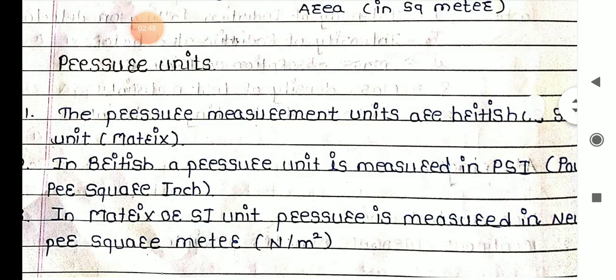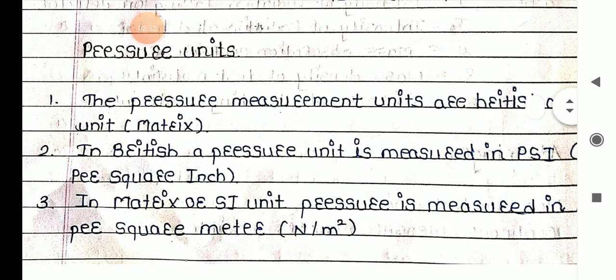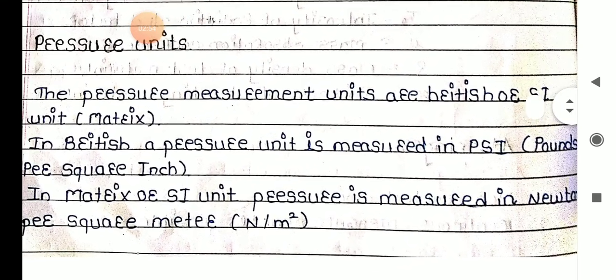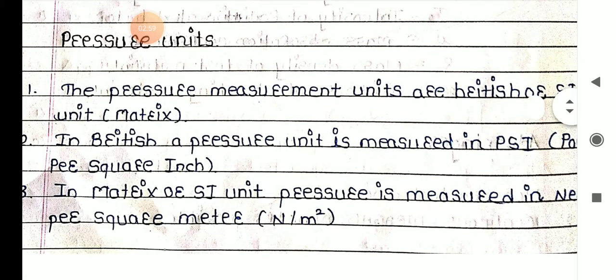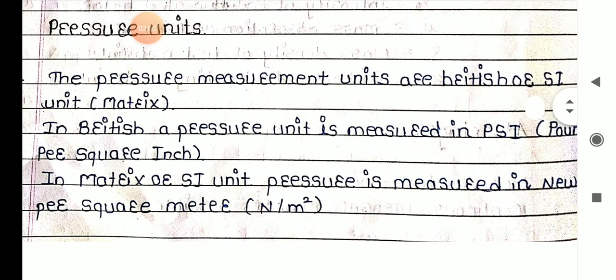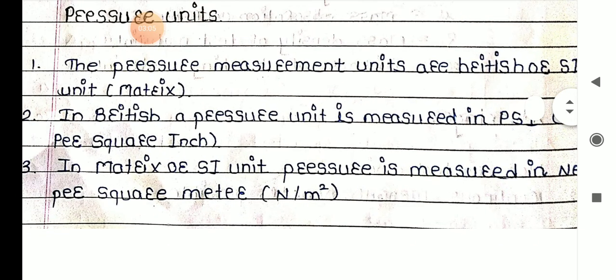In British, pressure is measured in PSI, which stands for pounds per square inch. In the metric or SI unit, pressure is measured in Newton per square meter, N/m squared.